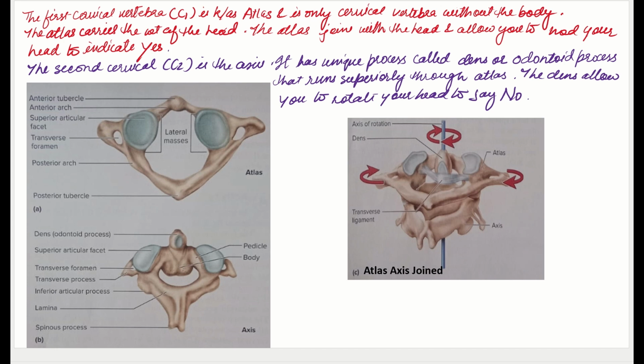The second cervical vertebra, C2, is the axis, and it has a unique process called the dens, or odontoid process, that runs superiorly through the atlas. The dens allows you to rotate your head to say no. So these were a few attributes of the cervical vertebrae.